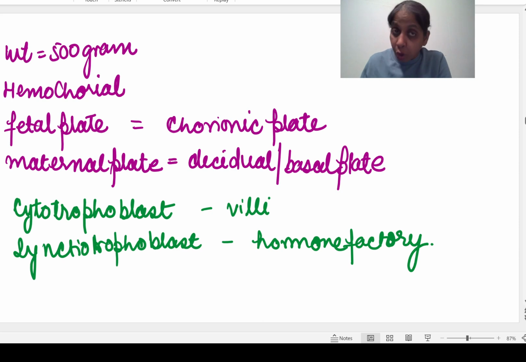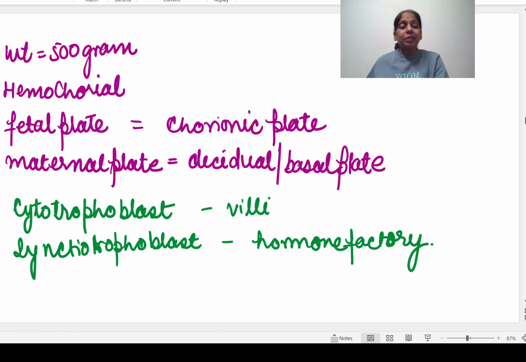Now you all know that the blastocyst has an outer layer called trophoblast. The trophoblast has two types of cells, cytotrophoblast and syncytiotrophoblast. The cytotrophoblast makes villi, and the syncytiotrophoblast is basically the hormone factory. You know that the placenta makes a lot of hormones, HCG, HPL, and all these hormones.